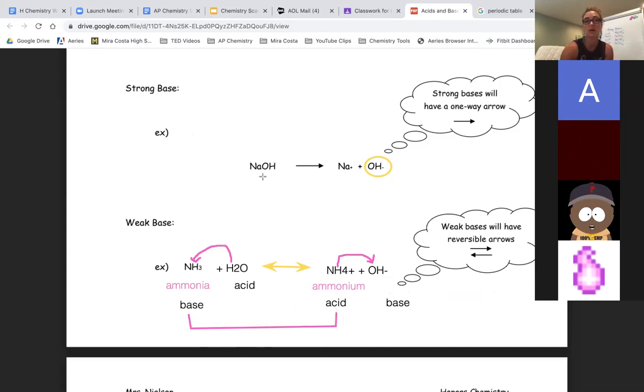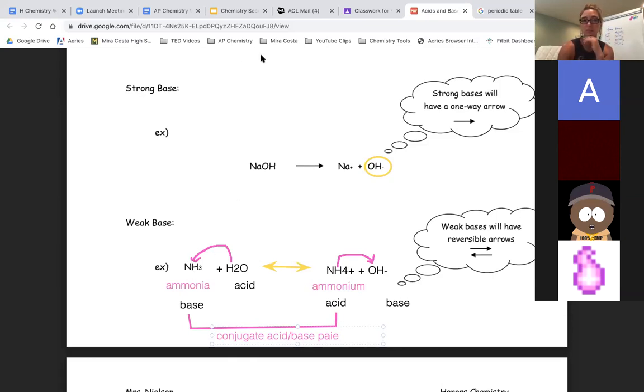We call that a conjugate acid-base pair, in case you come across that term at any point. After the base accepts the hydrogen, it turns into something that's an acid. And after this acid donates its hydrogen, it turns back into this base. So we call them conjugate acid-base pairs.